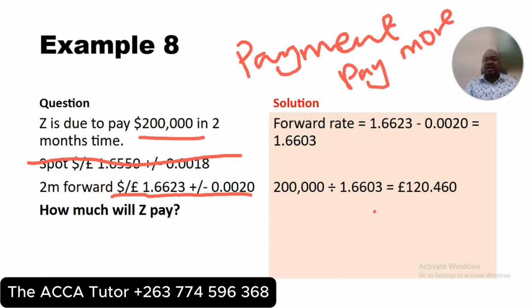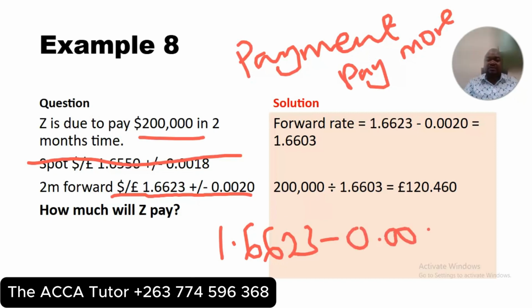So we then have to say, all right, initially the rate is 1.6623. Shall we add or subtract to ensure that the denominator gets lower than it is? Obviously, we need to subtract the basis points. So we are going to get something like 1.6603.